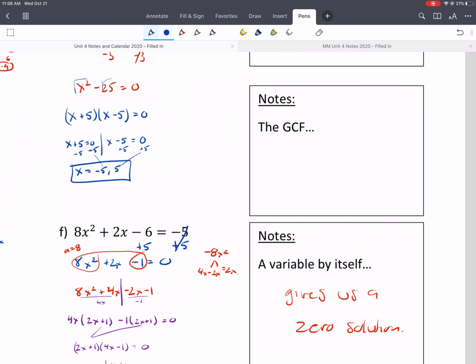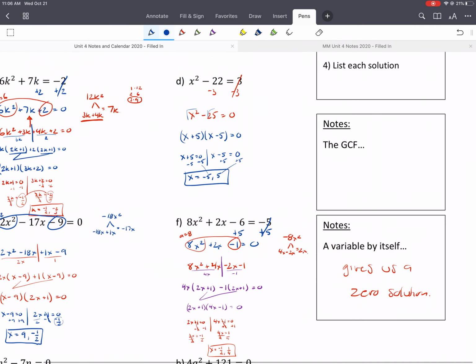I think I missed this one here. Oh yeah, the GCF does not affect the solutions.